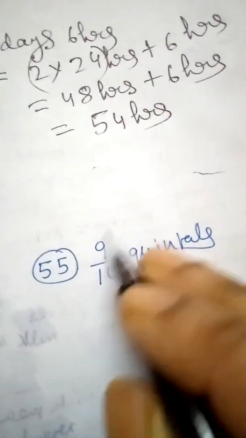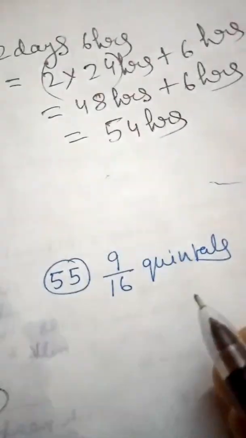Okay, next move on to this one, 9 by 16 quintals. In this sum we have to just convert 9 by 16 quintals to kg and gram.